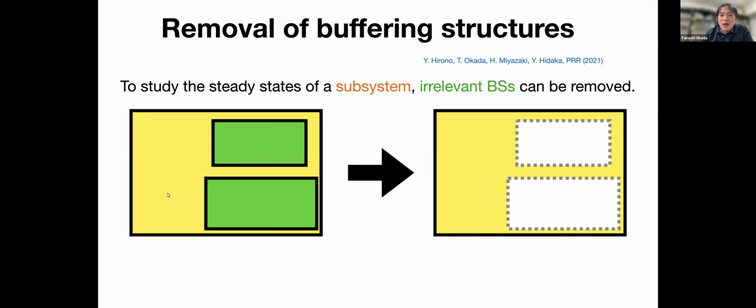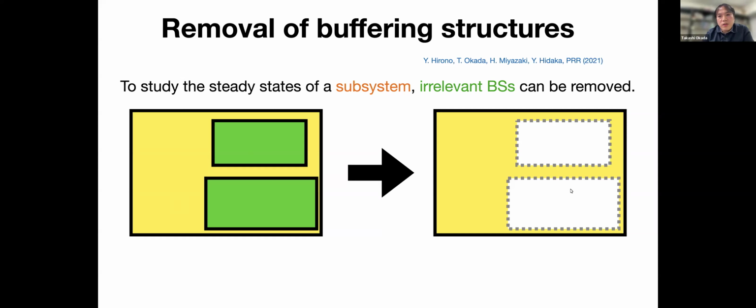Then you may expect that for this purpose, we can ignore the green parts because, as I said, parameters inside the green part do not affect the outside. So if we are interested in the yellow part, we naively expect that we can ignore the green parts like this.